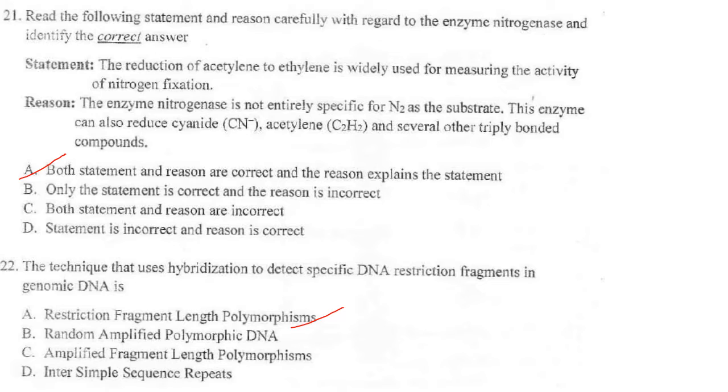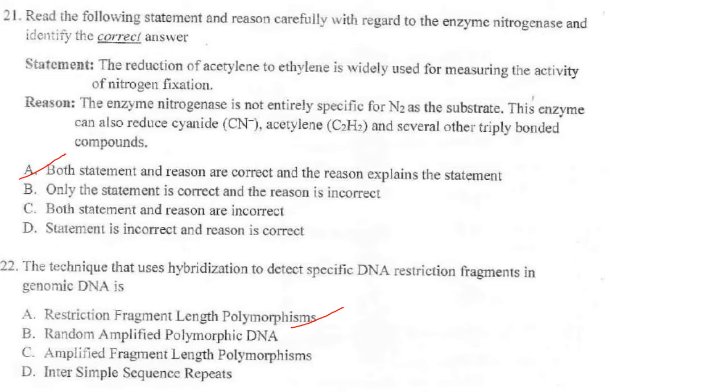Then the enzyme nitrogenase is not entirely specific for nitrogen as the substrate. This enzyme can also reduce cyanide, acetylene and several other triply bonded compounds. So here both the statement and reason are correct and the reason explains the statement. So the answer is option A.